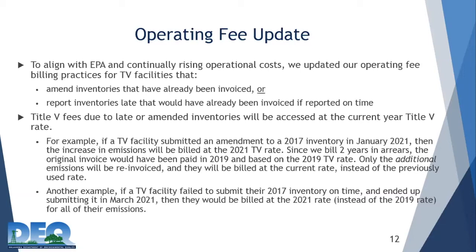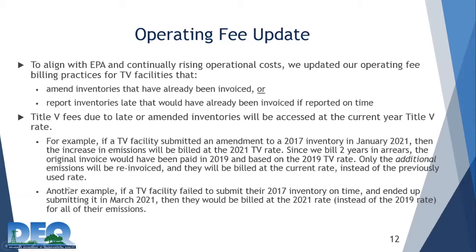So instead of going back and finding out what that 2019 rate was and billing at that, we're going to be billing at the 2021 rate. And it's only the additional emissions that we're going to bill at that. The reason for this is because this is how EPA does it, and we have continually rising operational costs.